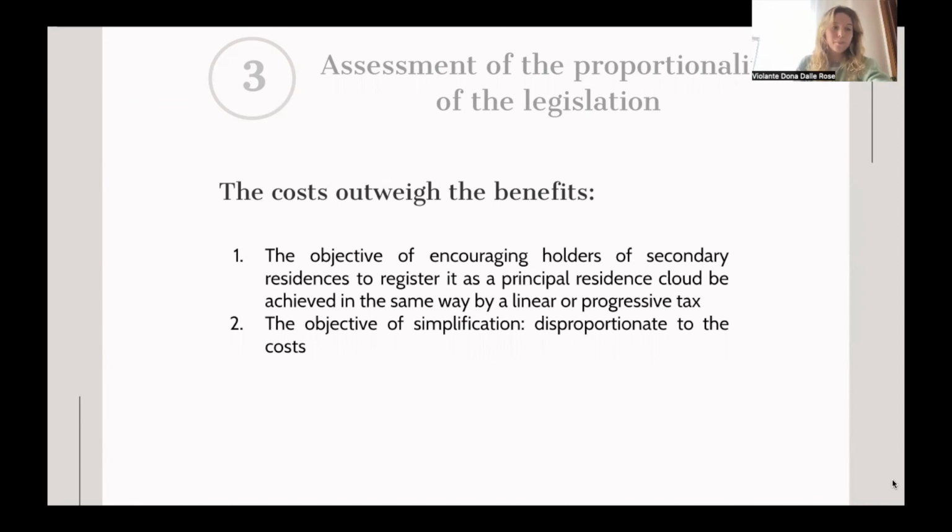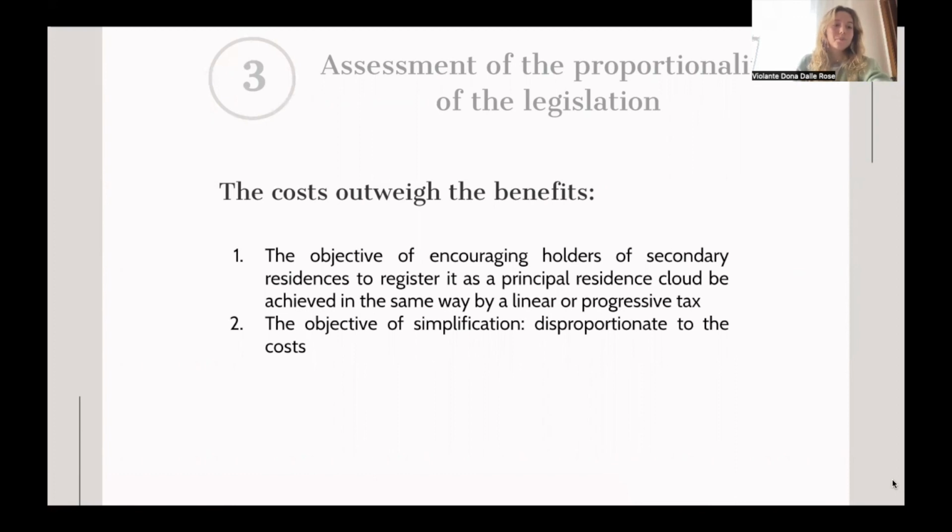Furthermore, even considering the potential simplification the design of this tax could have for the administration, it still would be disproportionate to the benefits that the simplification may create, as it is limited to the fact of not having to determine the exact annual net rent in each individual case, and of not having to verify the rent in cases of doubt.